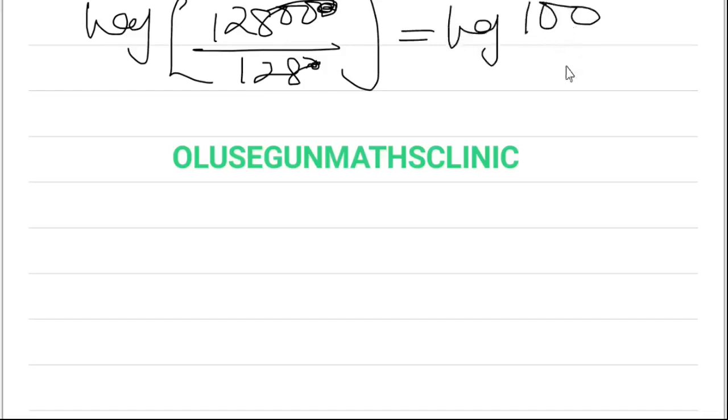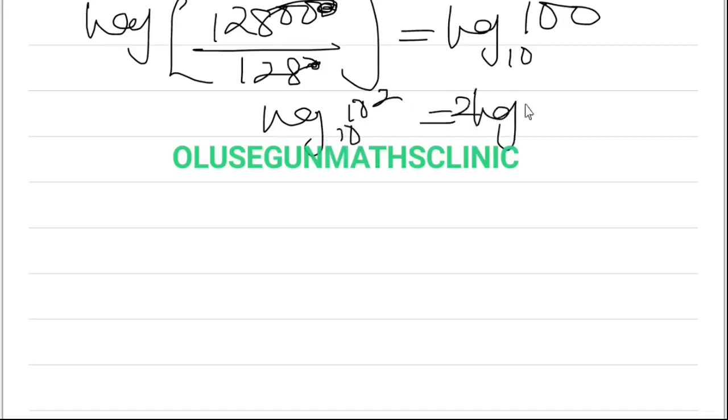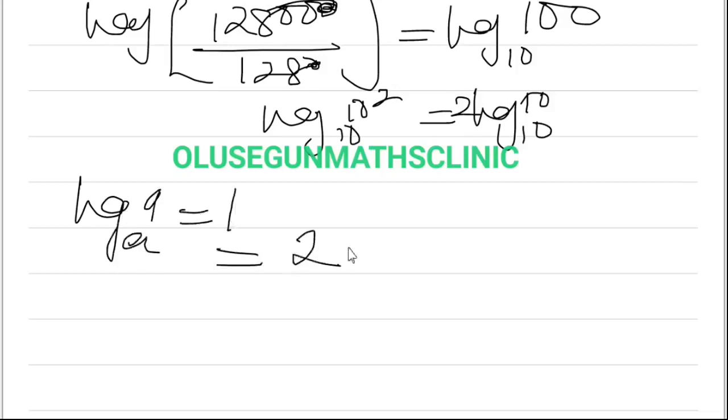Recall, it is under base 10 already. So we have log 10 squared base 10, which will now give us 2 log 10 base 10. But recall, a logarithm of the same base is equal to 1, so 2 times 1 is equal to 2. So the final answer for question 8A is 2.